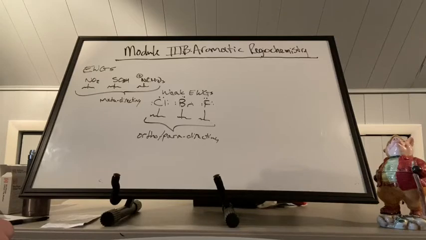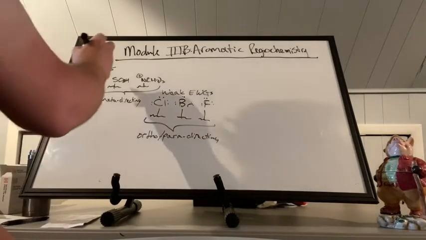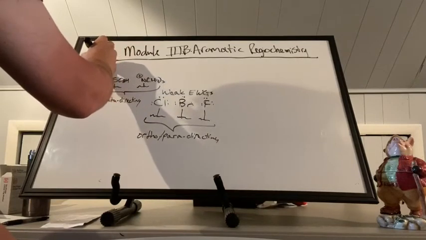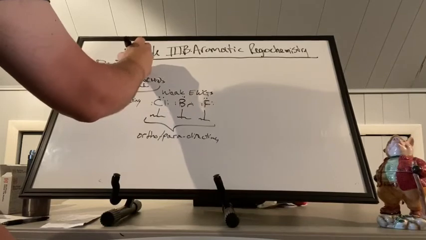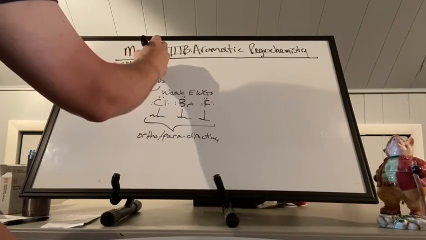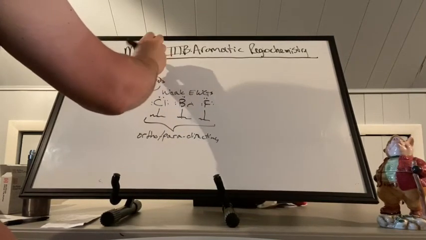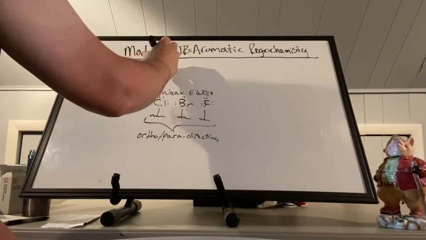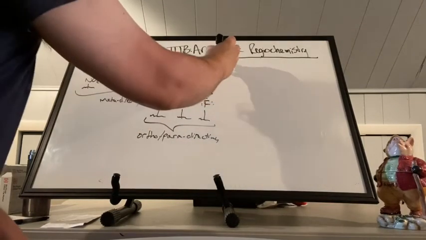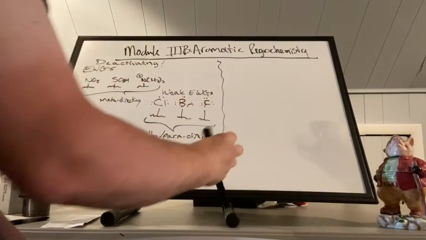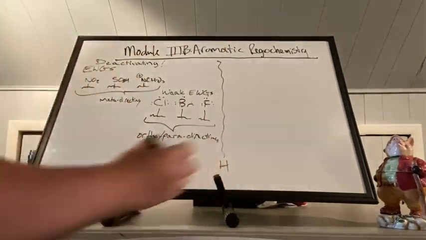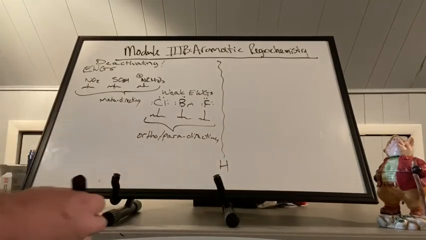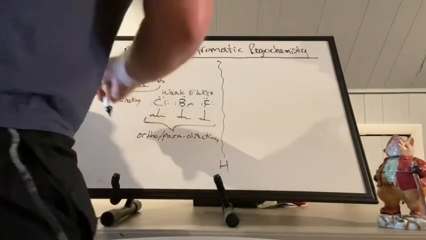Okay, so let's now look at some activating groups. So these are deactivating. Right here in the middle of this squiggly line, I'm just going to write hydrogen, because hydrogen's neither activating nor deactivating. It's kind of like neutral.